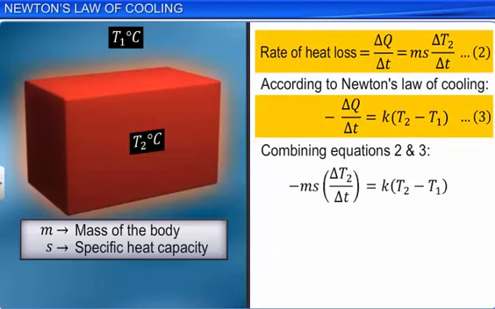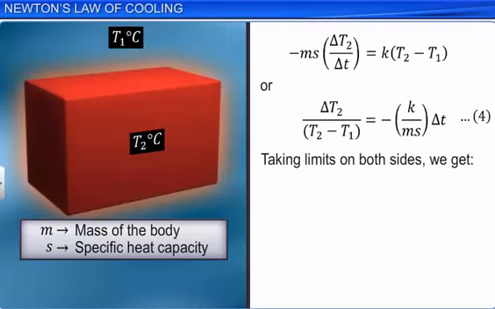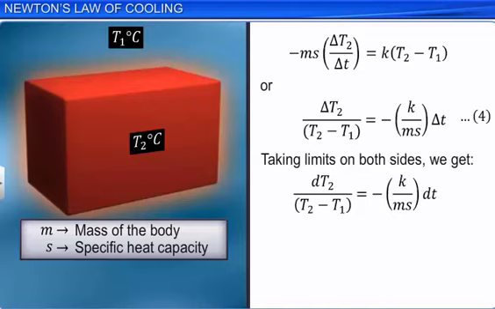Taking limits on both sides, we get dT2 by T2 minus T1 is equal to minus K by m S into dt. On integrating this expression on both sides and simplifying, we get log to the base e of T2 minus T1 is equal to minus K by m S into t plus C. Let this be equation 5.